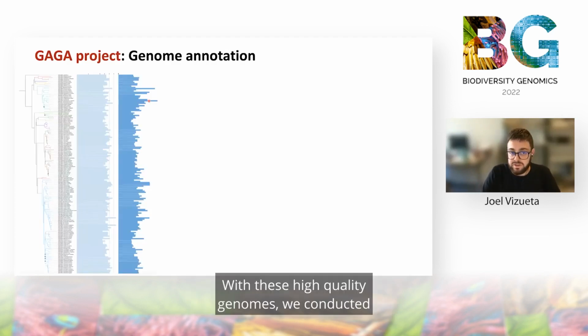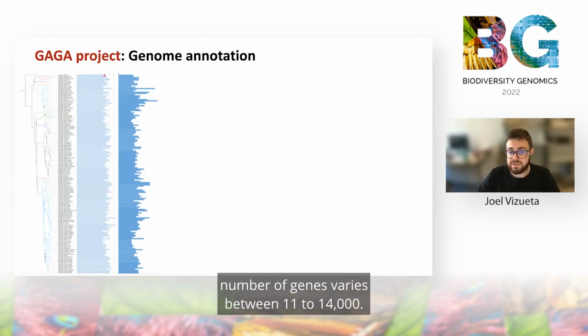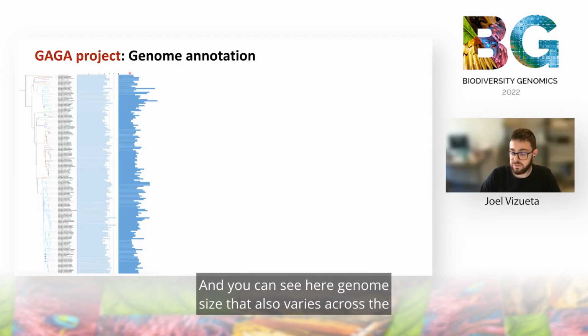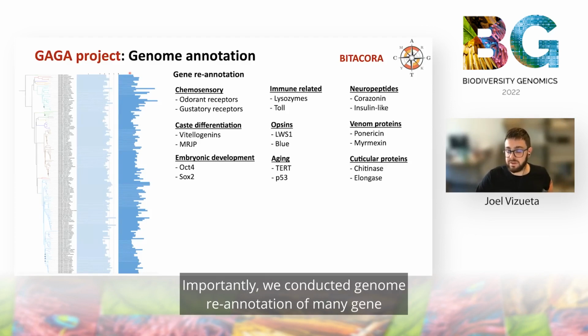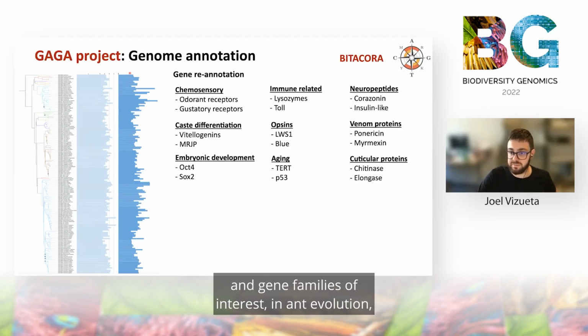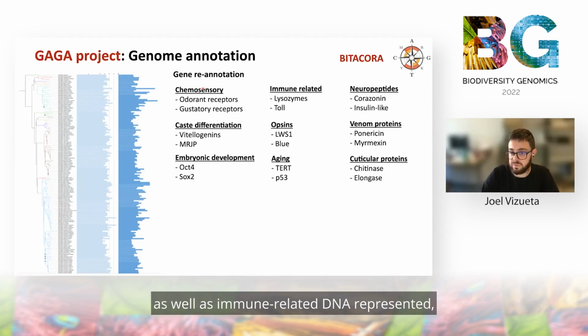With these high-quality genomes, we conducted gene annotation that you can see here. The number of genes varies between 11 and 14,000, and you can see here genome size that also varies across the ant phylogeny. Importantly, we conducted a gene reannotation of many genes and gene families of interest in ant evolution, such as the chemosensory receptors that are involved in social communication, as well as immune-related genes, neuropeptides, and a list of 400 genes and gene families.